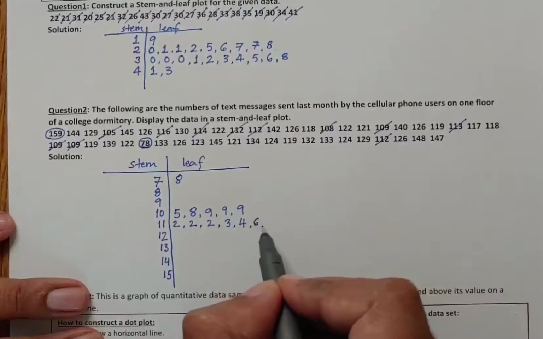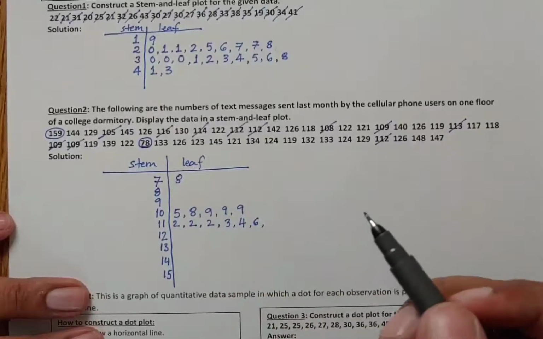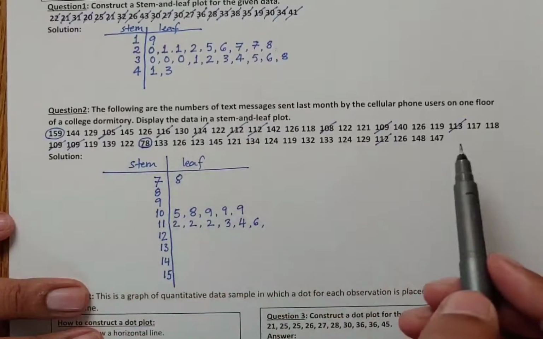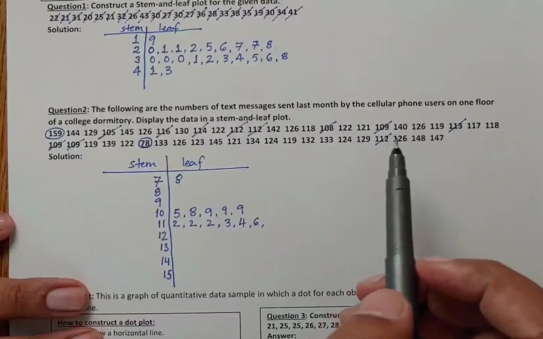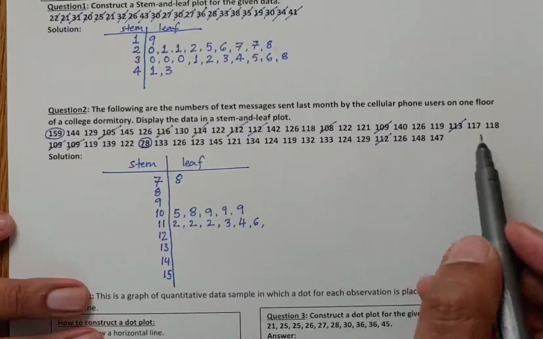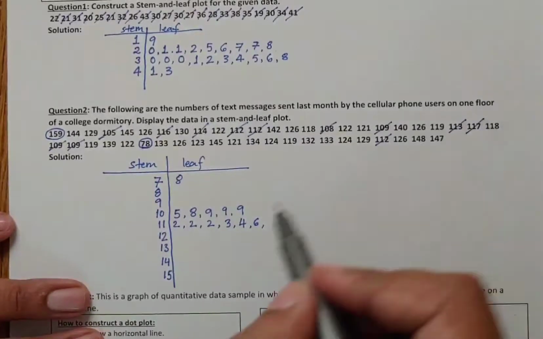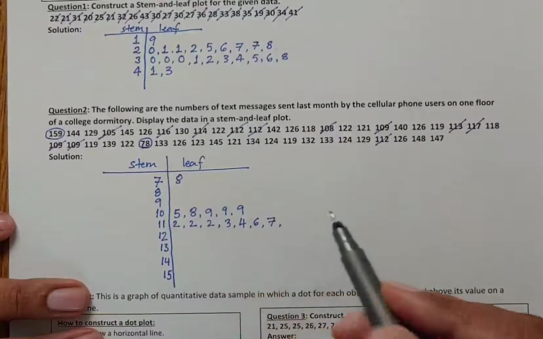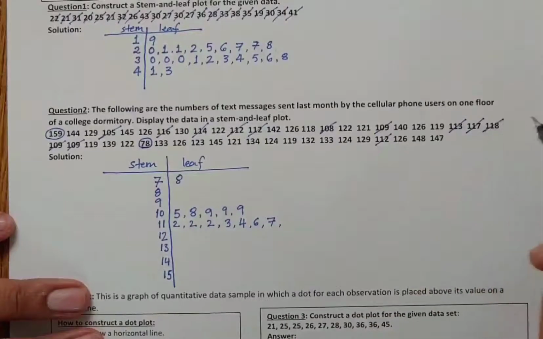116. We don't have another 116. 117 is there somewhere, 117 here. 117, right? So 117, 118.